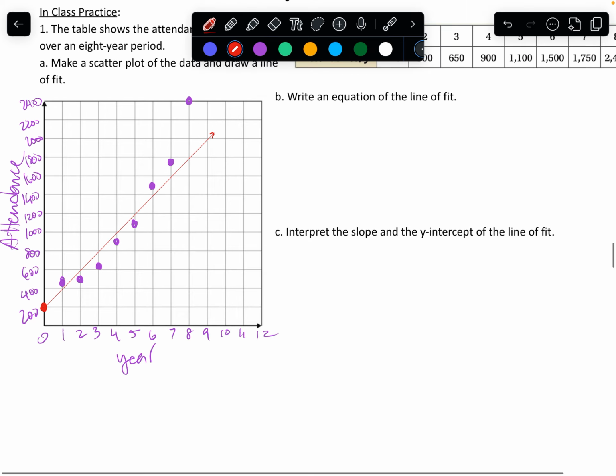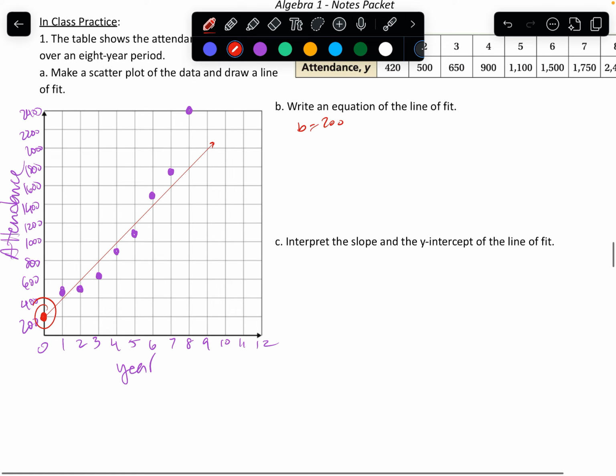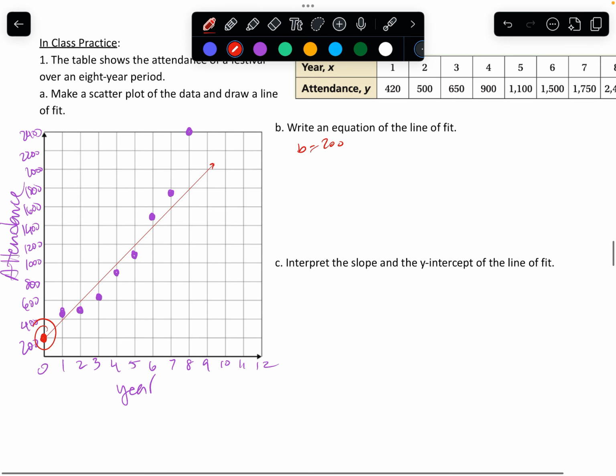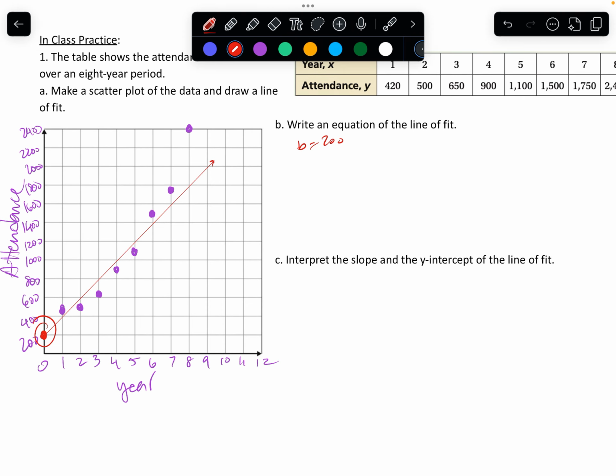So based off of this graph, my b is going to be 200, because that's your starting point. And then you're like, well, what point do I use? Well, I think the closest one is probably the point I just circled. You could choose a different point, and that is okay.